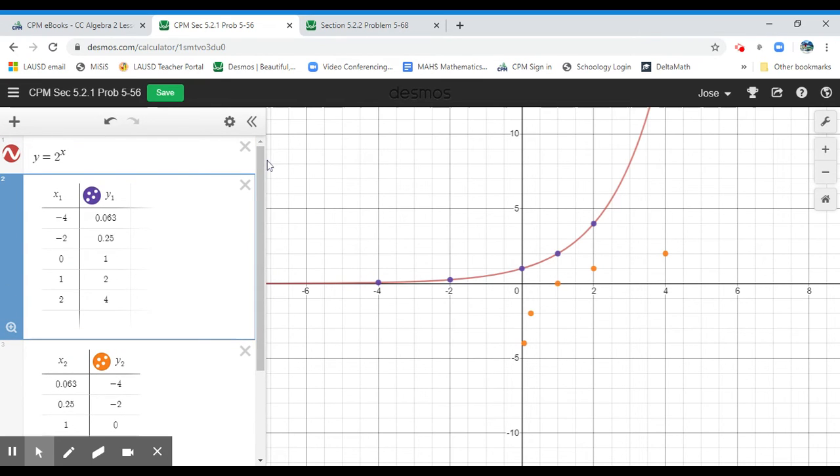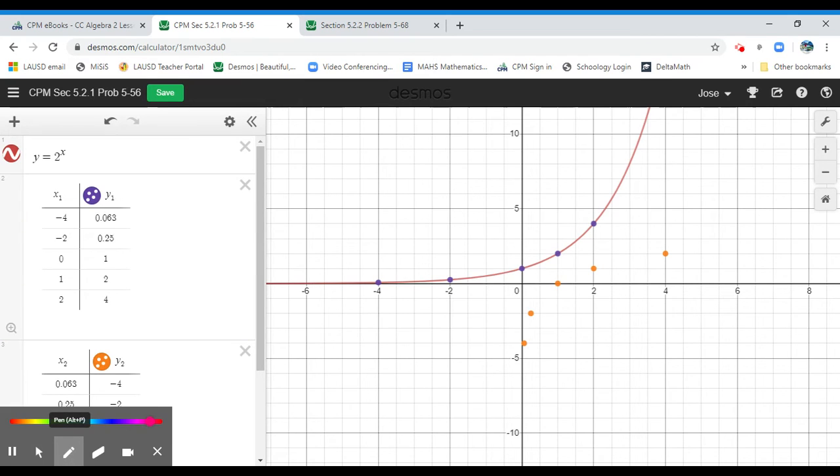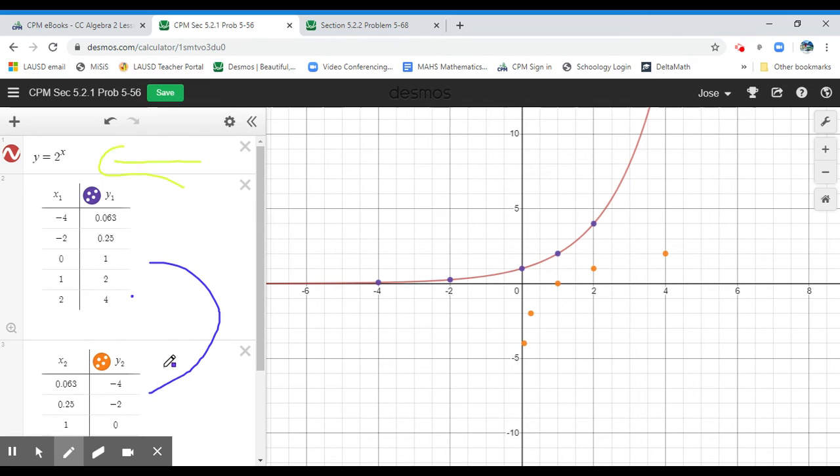We had talked about this exponential function here, y equals 2 to the x power. So here's my exponential function. I used Desmos to graph this, and here are my points, and then we created a table. Now, if I want to find the inverse, the inverse is this graph right here.